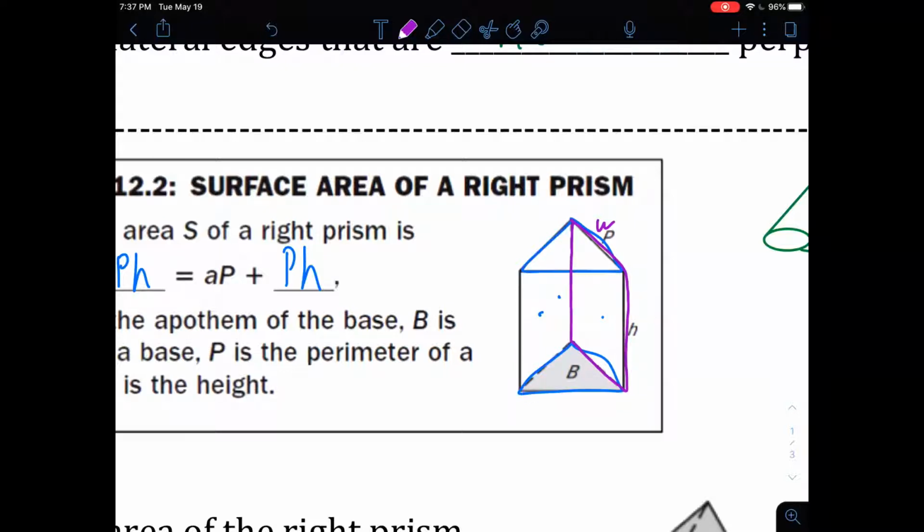So instead of doing length times width 3 times for 3 different rectangles, we can just do perimeter times height, because that'll cover each of the rectangles. This is width, this is width, this is width, so we have 3 widths times the height, which is the same for all of them. So basically it's a shortcut.